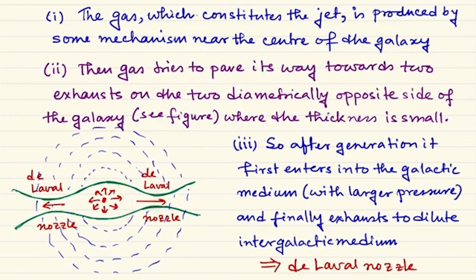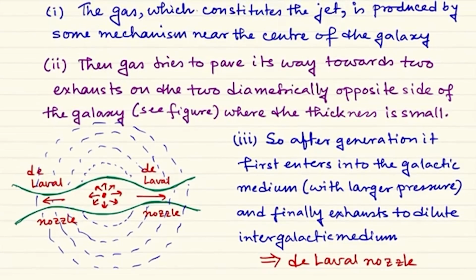Then when it finally becomes supersonic by acceleration and finds its path of exhaust, it again accelerates because of the Laval nozzle principle. So finally when it exhausts to the dilute intergalactic medium, it becomes highly supersonic and accelerating.